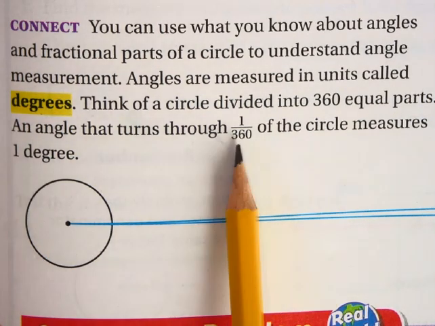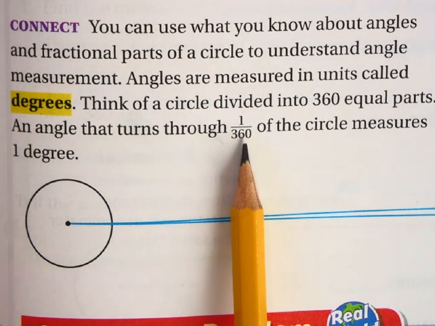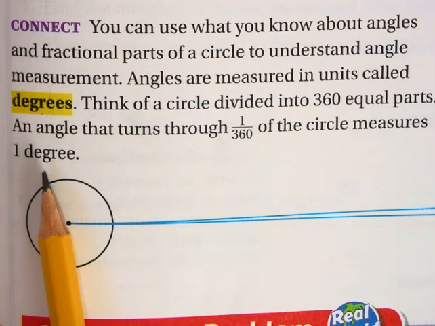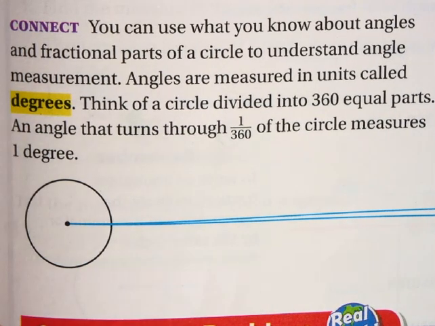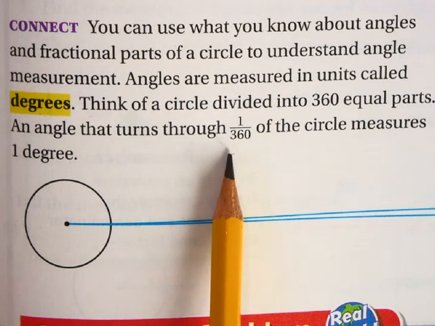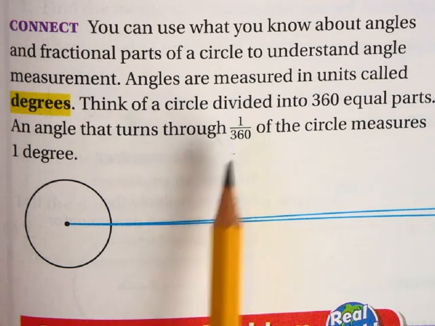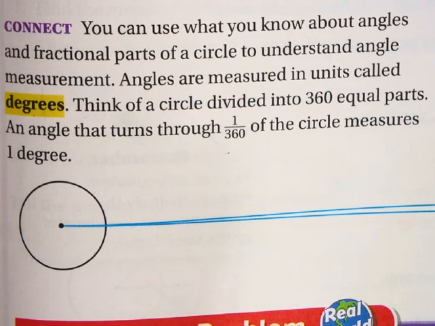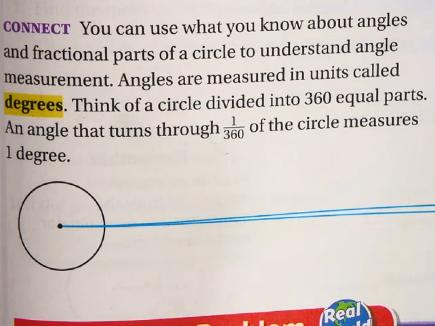So 1/360th of the circle measures 1 degree. That really makes sense to me because I know that I need 360 360ths to make one whole, but that the unit fraction is just one of 360 pieces, which is a lot of pieces.